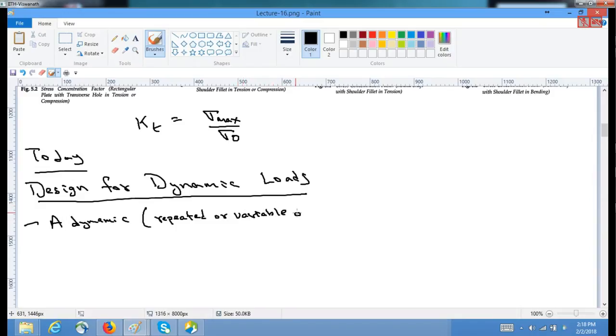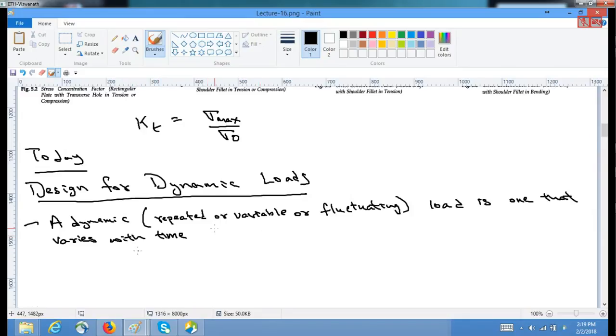All of these come under dynamic loading, which is a load that varies with time, and you also need to understand that it involves inertial effects.